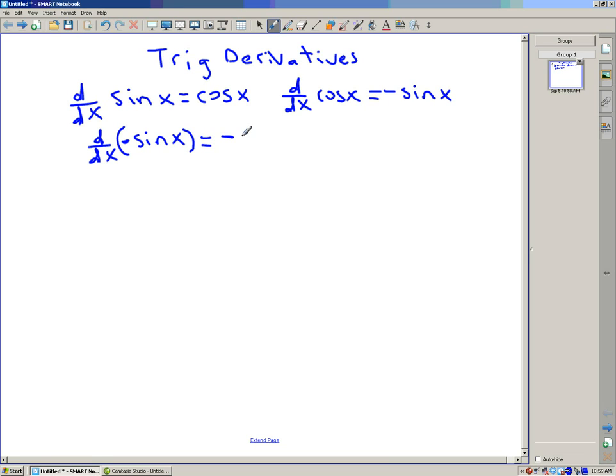We can take that -1 out in front of the derivative, and we'll call it negative derivative of sine, which of course is just negative cosine of x. You could do the same thing with cosine: pull the negative out front, and the derivative of negative cosine is positive sine.